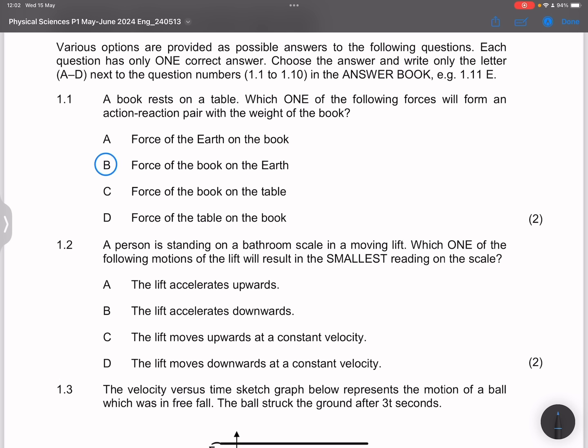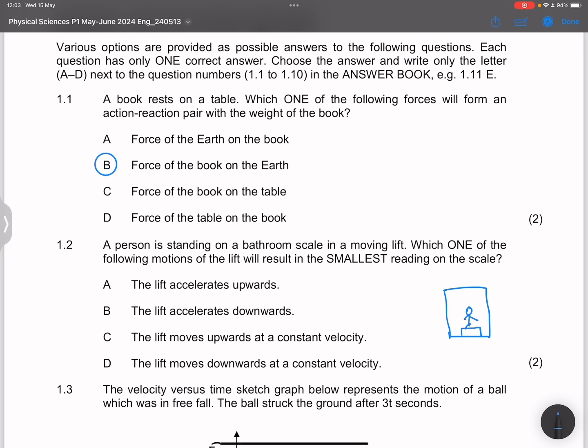And then they say a person is standing on a bathroom scale in a lift. Which one of the following motions of the lift will result in the smallest reading on the scale? Now, just for you to note, ladies and gents, let's say there's a scale there and the person is standing.